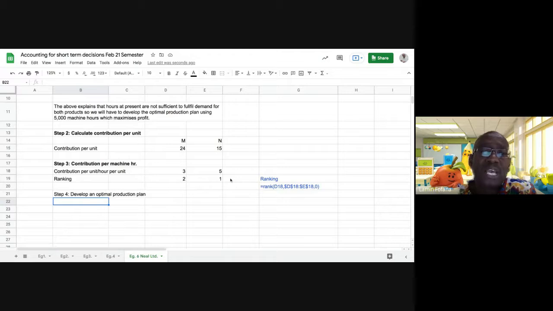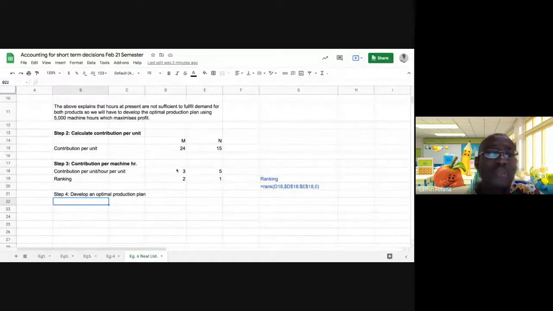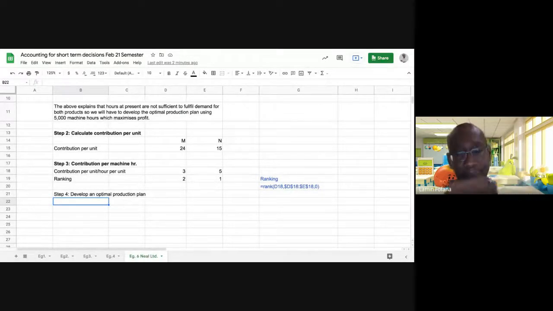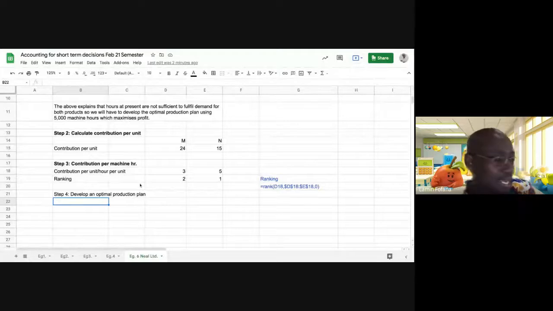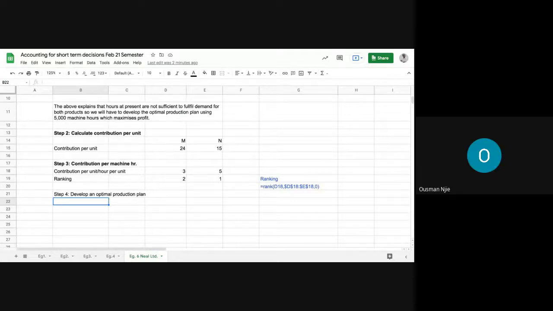We know that the highest is N, seconded by M. So our optimal production plan is going to say produce everything of N because it's more profitable, and next, with the hours that remain, you produce whatever units you can get from M. Is that clear? We're coming to do this, and then you'll see clearly what I mean.